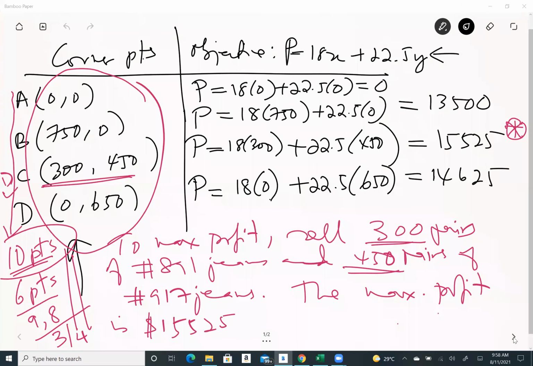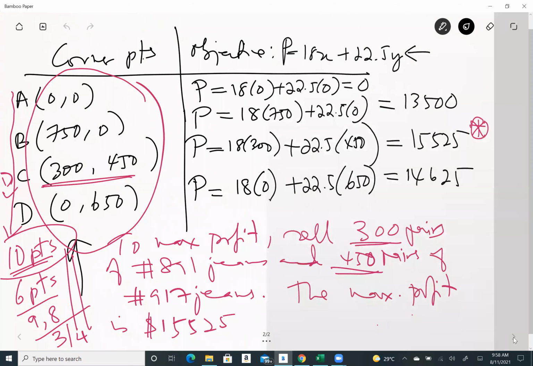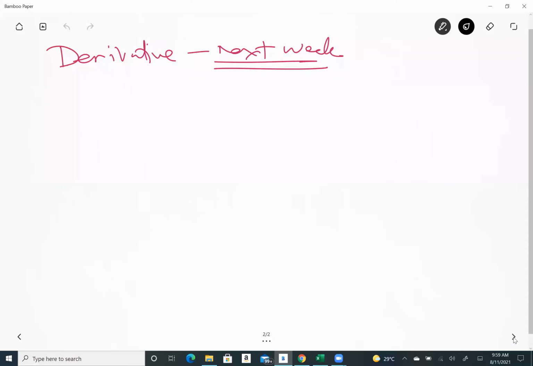Derivative is a concept related to slope. So we will start with the idea of slope, which we did in chapter number 1, not chapter number 9. So derivative, we start with the slope.